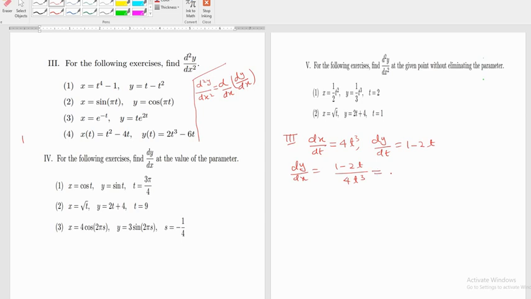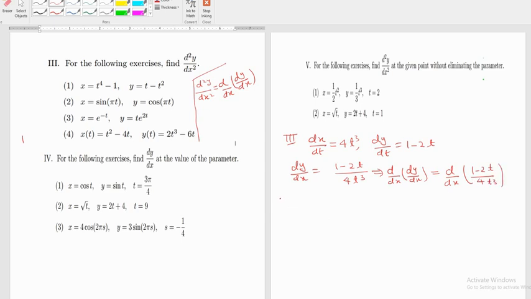This is your first derivative. If you want to find the second derivative, just differentiate this one with respect to x again. D dx of dy dx will be equal to d2y dx2. What is dy dx? Dy dx is this one, 1 minus 2t divided by 4t cube.